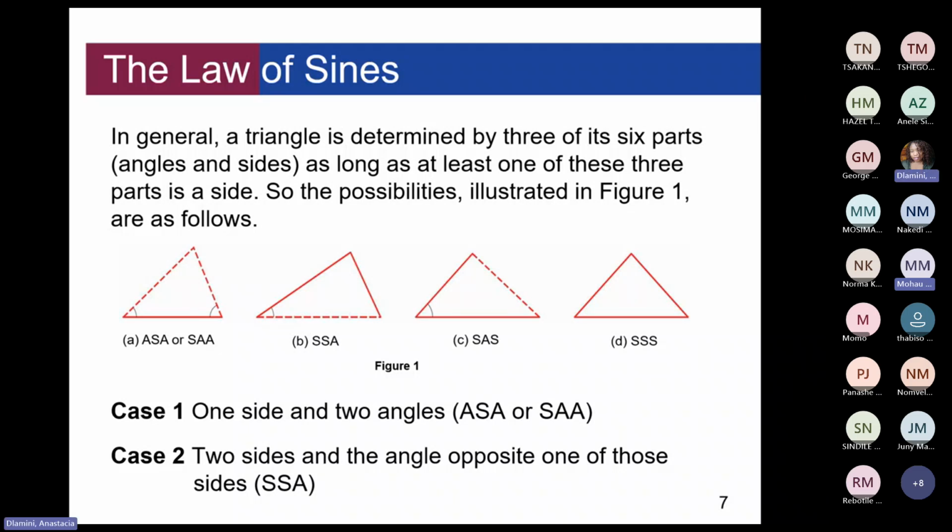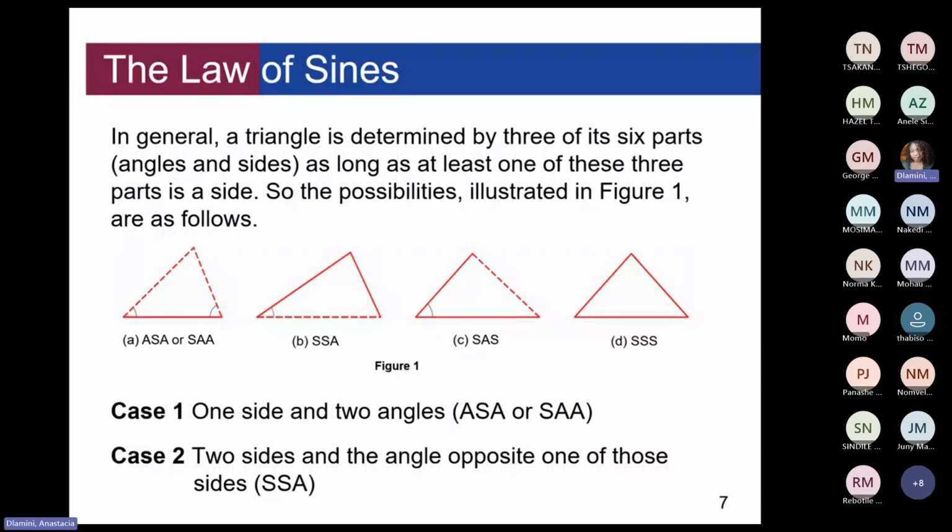Depending on the triangle given here. So can we use the sine rule to determine the angle there, if we have a side that is opposite this particular angle?